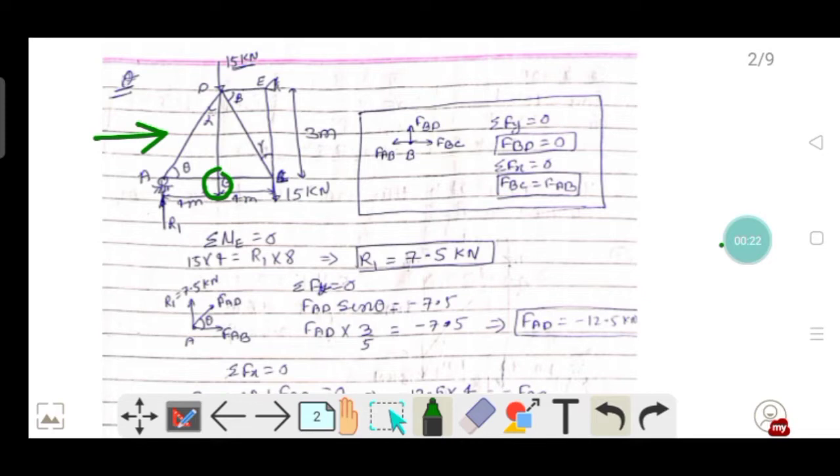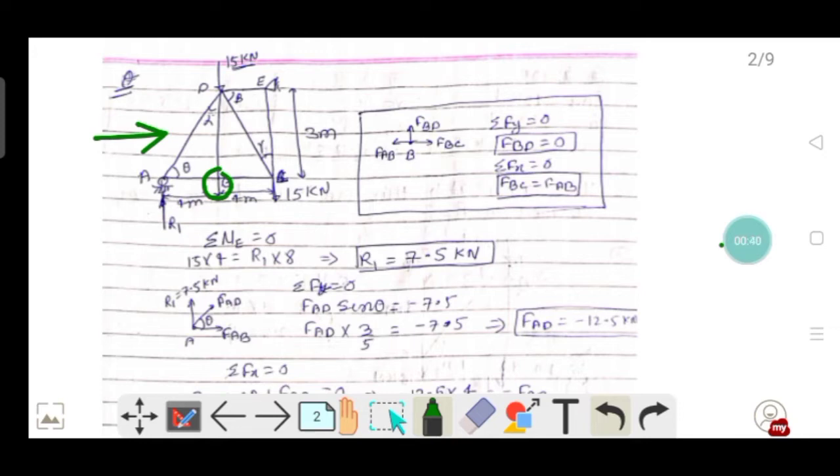So for calculating the deflection at point B, you need to calculate the member force due to external loading and the member force due to unit load acting at point B after removing all the external forces.